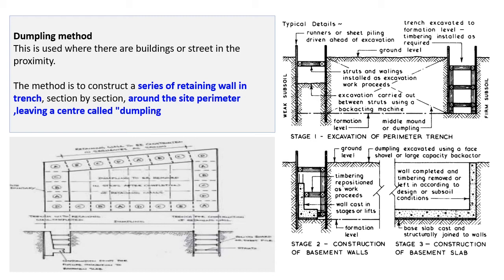The permanent retaining walls are constructed within the trench excavation and timbering is removed. The dumpling or middle can be excavated and the base cast and joined to the retaining wall. This method could also be used in firm soils where mechanical excavators required for bulk excavation are not available.